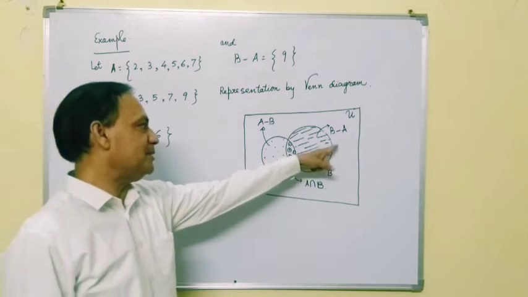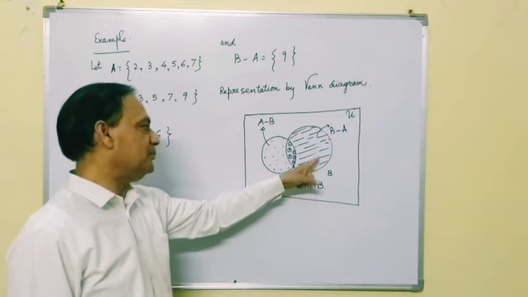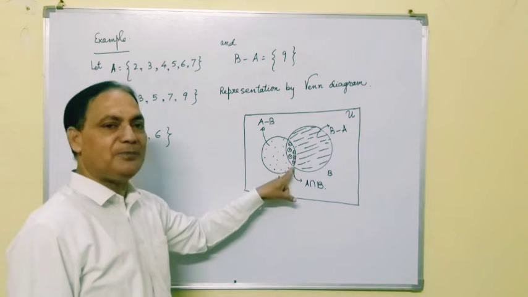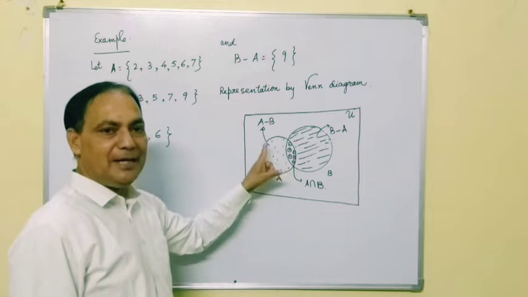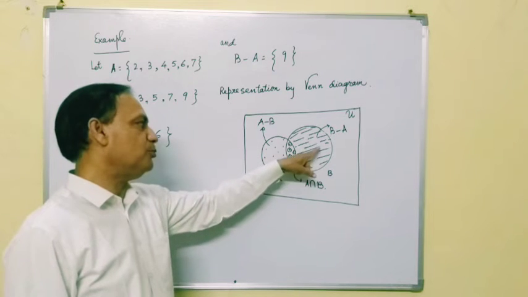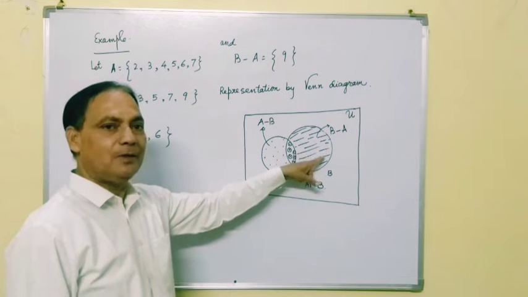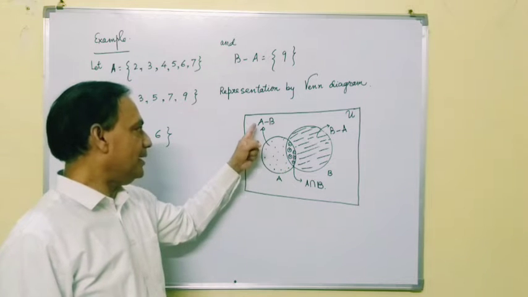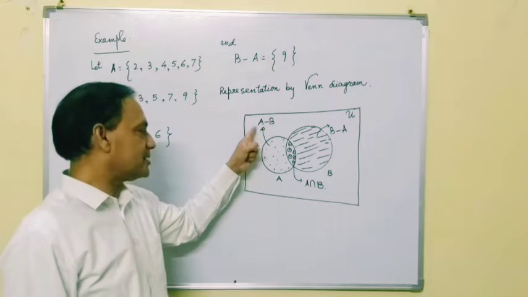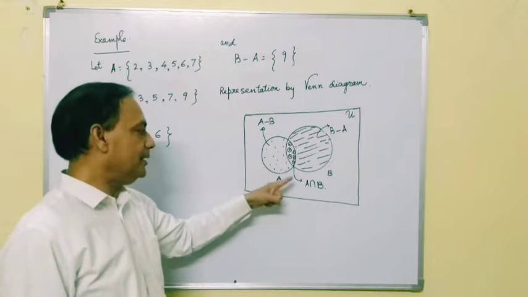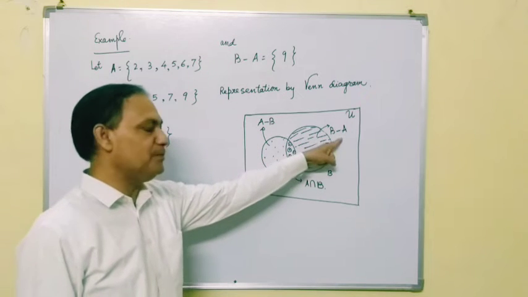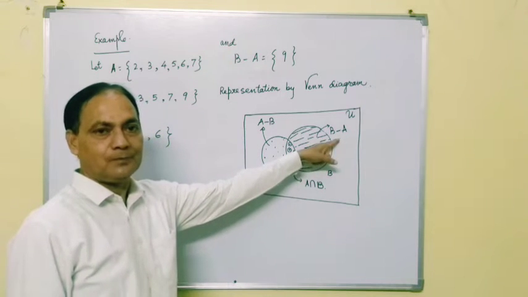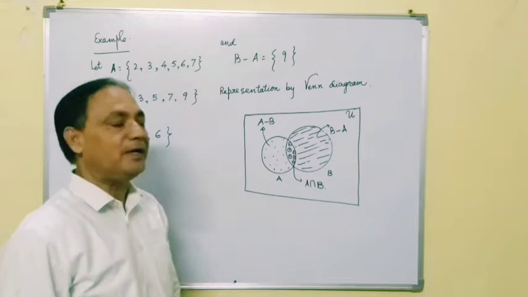B माइनस A में जो एलिमेंट्स हैं वो A इंटरसेक्शन B में नहीं है. A माइनस B में जो एलिमेंट्स हैं वो B माइनस A में नहीं है। इसका मतलब ये हुआ A माइनस B, A इंटरसेक्शन B एंड B माइनस A, all these sets are disjoint sets.